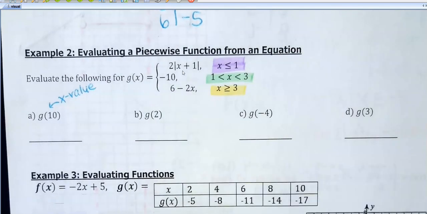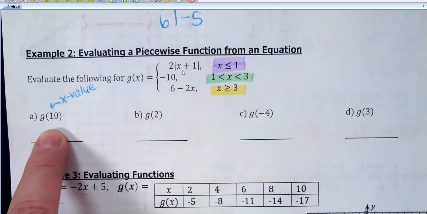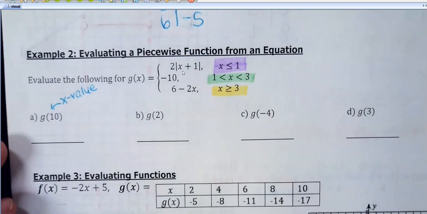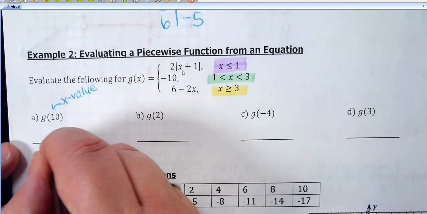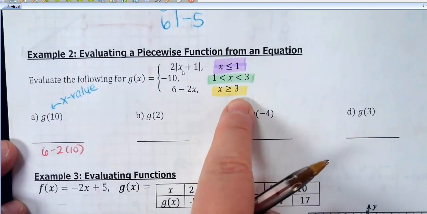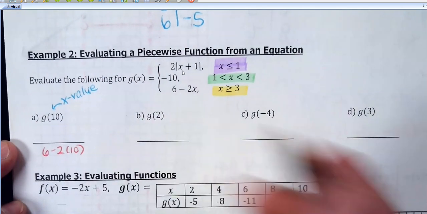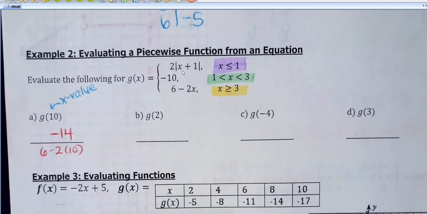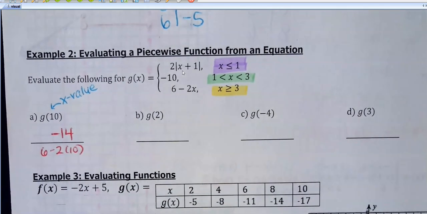So then you've got to figure out the piece. So 10 obviously would fall into that category. So that's where you would plug it in. So for that third piece, you would just do 6 minus 2 times 10. I'm using the third piece because 10 is bigger than 3. So it'd be 6 minus 20, so negative 14 would be the actual answer there. You're just going to plug it into the piece where the x value would fall.